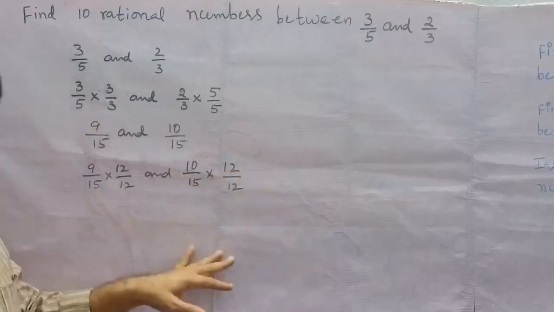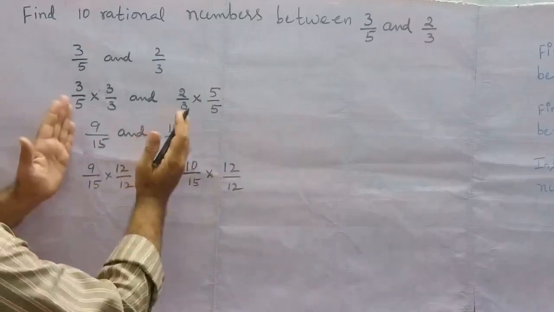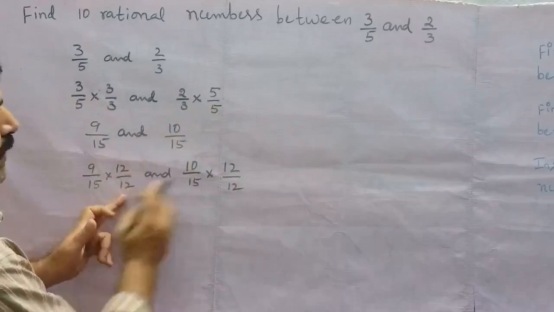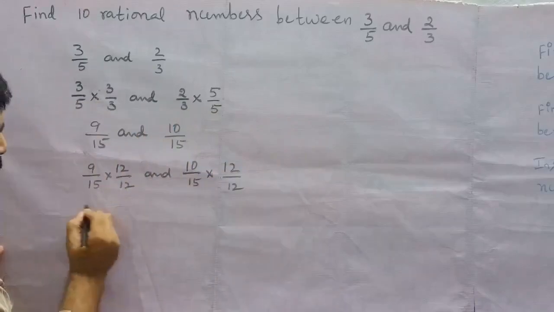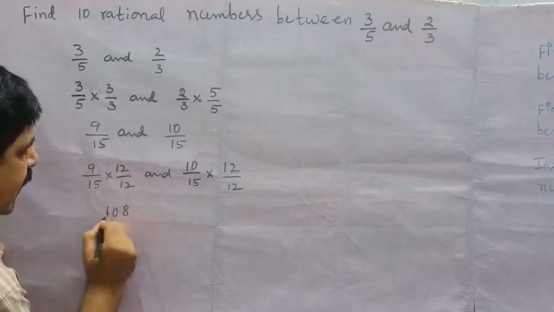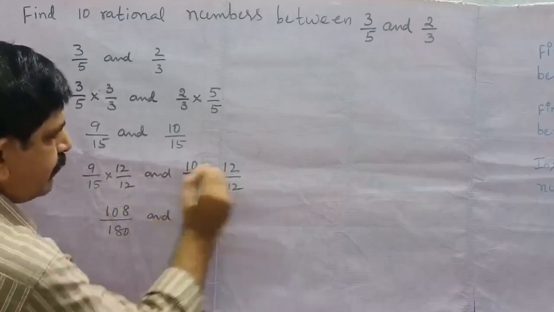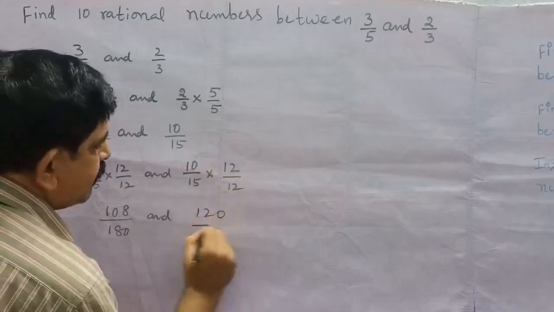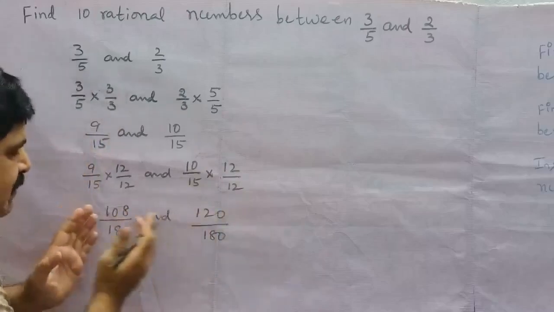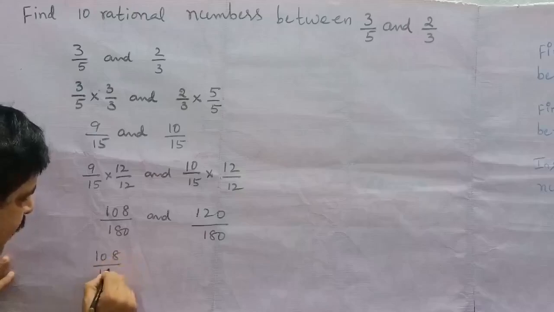We can take many numbers, but to get more numbers between 9 by 15 and 10 by 15, we multiply with 12 by 12 here. So 9 12s are 108 by 180 and 120 by 180.